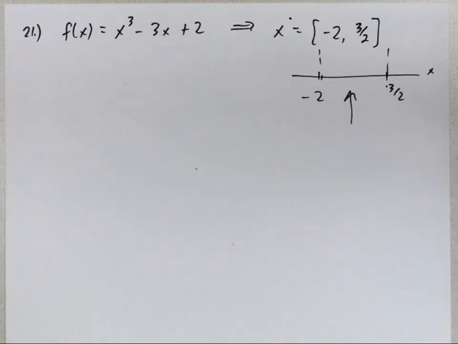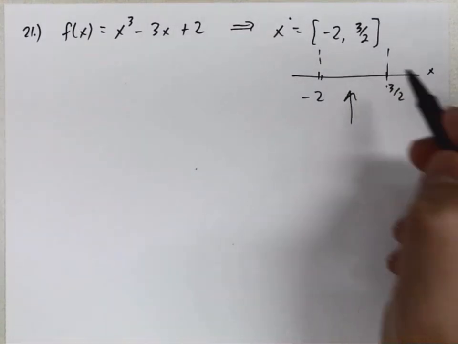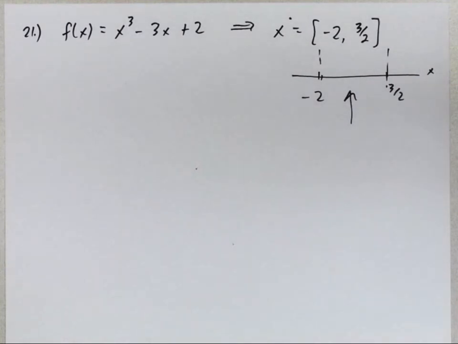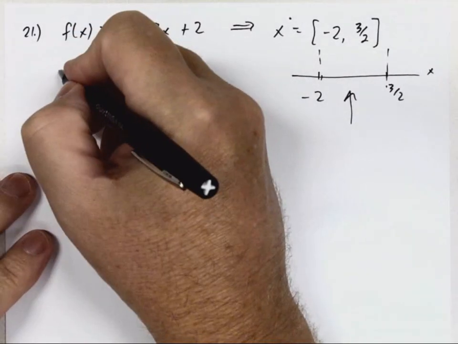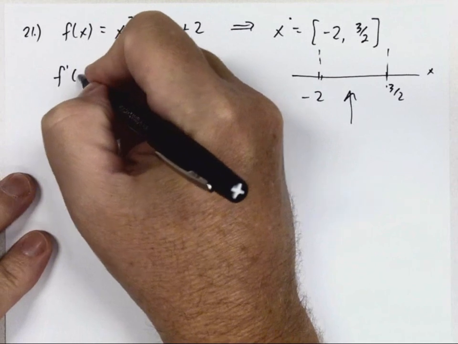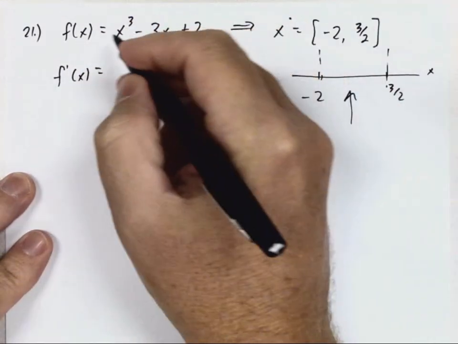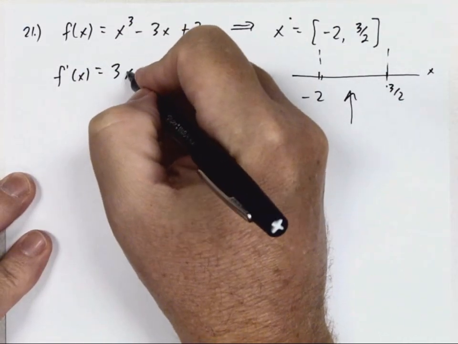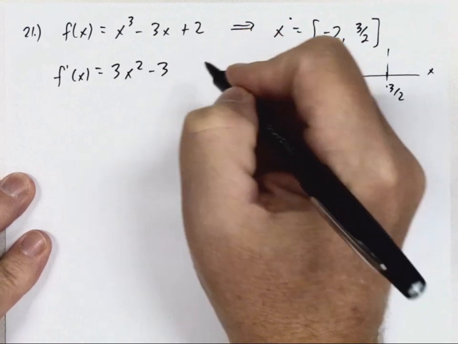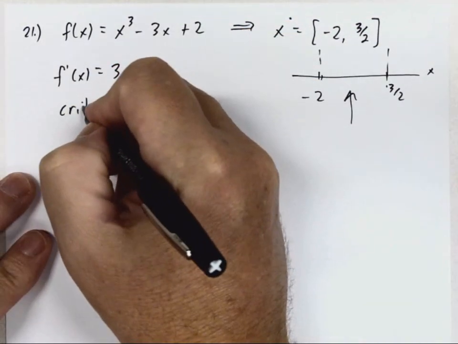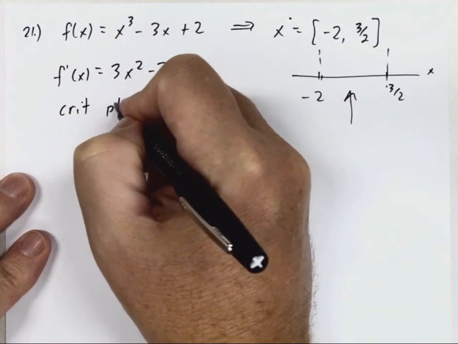So what we have to do is figure out, inside this window, are there any relative maximums or minimums? And the way we do that is to do what we've always done. Take the first derivative of the function, and the maxes and mins are critical points.